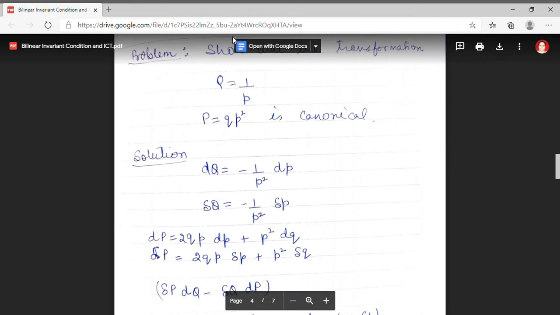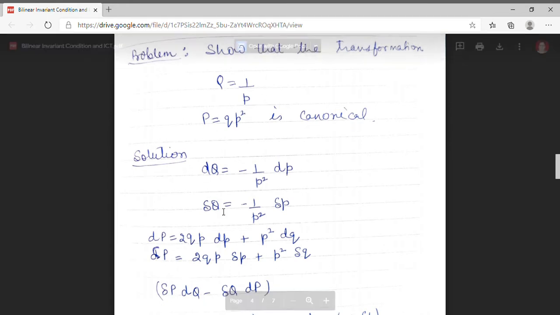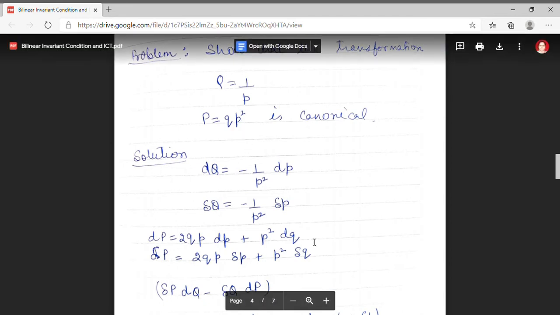I am finding the derivatives. dQ will be minus 1 upon p squared dp, and similarly del Q will be minus 1 upon p squared del p. Now from the capital P expression, dP will be 2qp dp plus p squared dq.